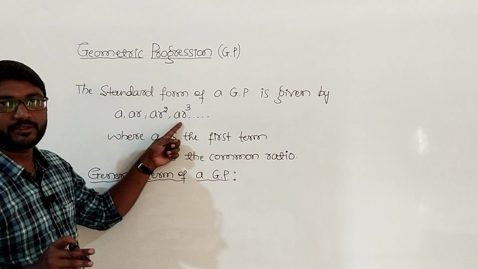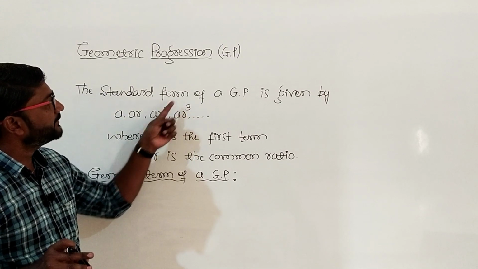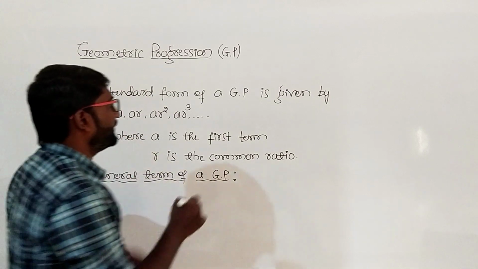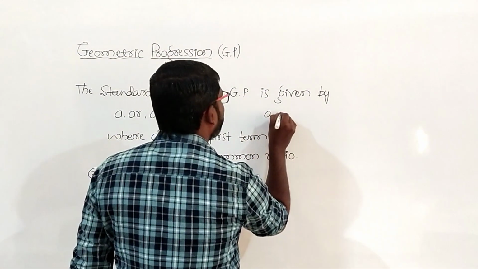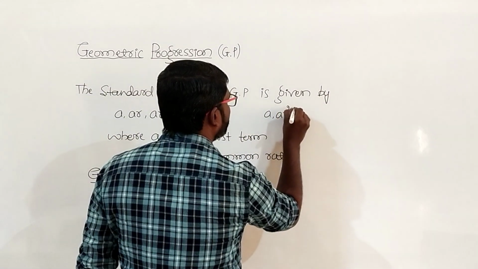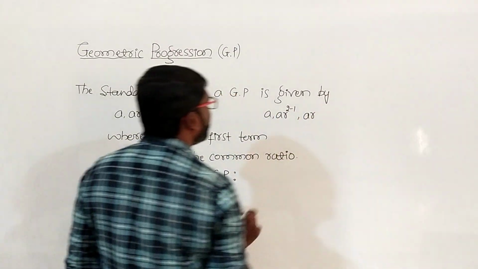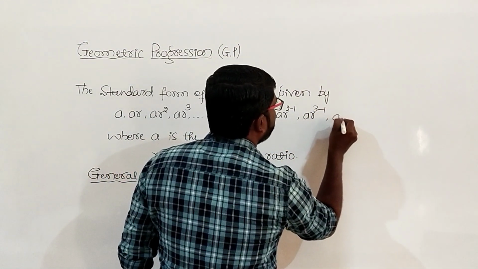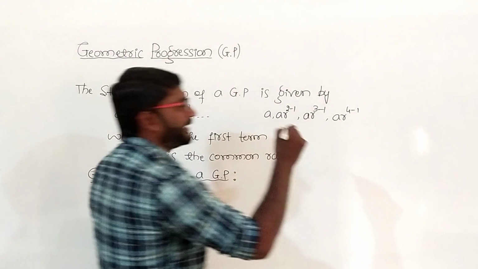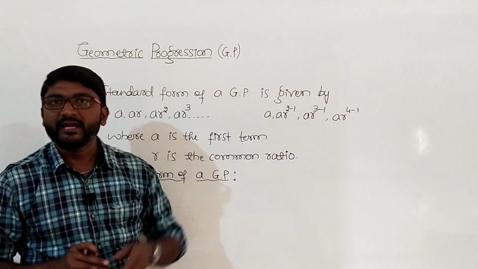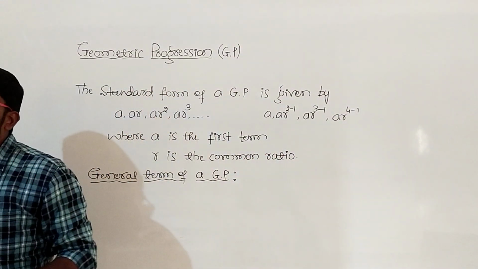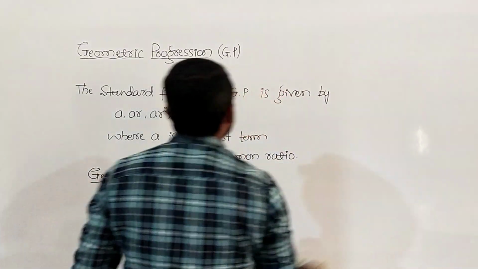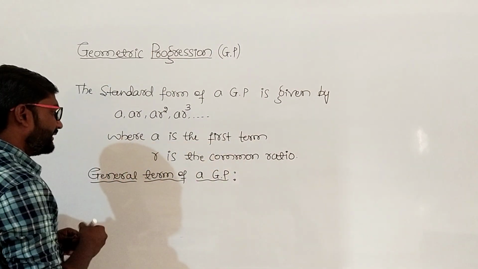So this is the fourth term, so here it is 3. That means this 3 can be written as 4 minus 1. For example, A, write it as it is, then A R to the power 2 minus 1, then AR square can be written as 3 minus 1, and then A into R raised to 4 minus 1, and it continues. And the nth term can be written as A into R raised to N minus 1. That is the nth term or the general term of a GP.